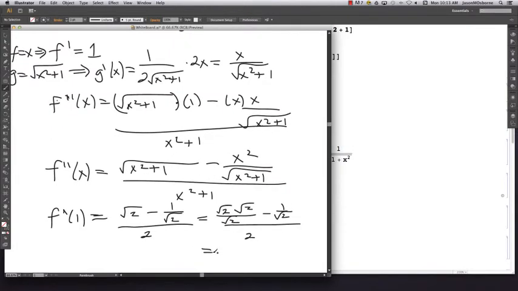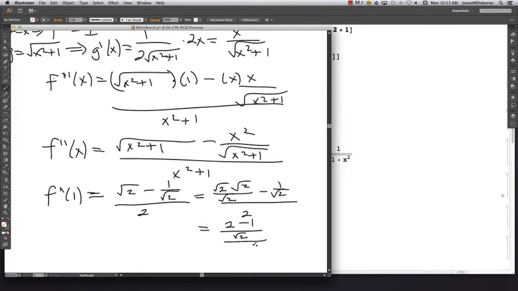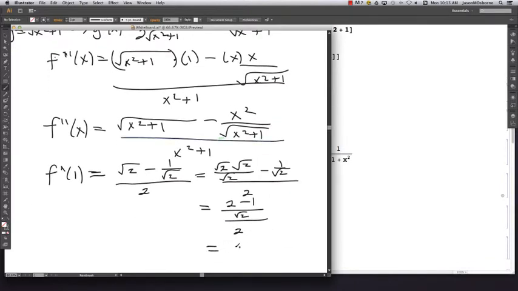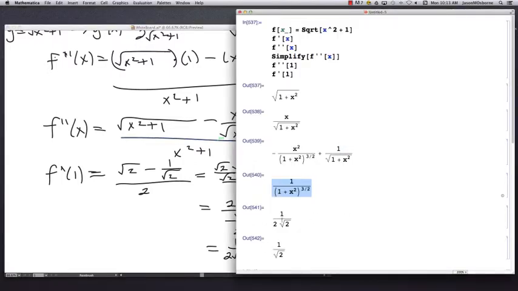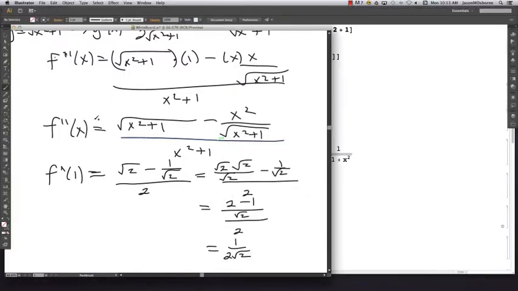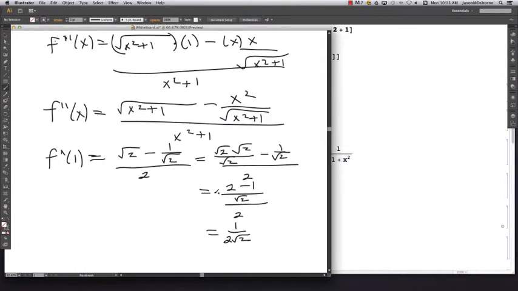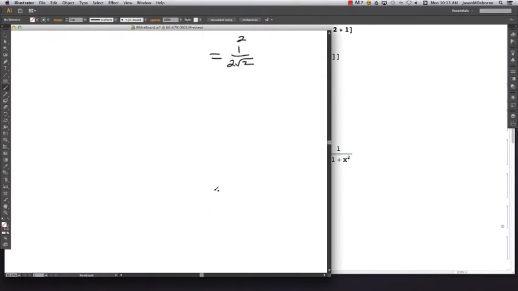That is 2 minus 1 over square root of 2, all divided by 2, which is 1 over 2 square root of 2, which is what we got for f double prime. So no matter what form you write f double prime in, f double prime of 1 should come out to be the same answer. So that was the first problem, and its tangent line.